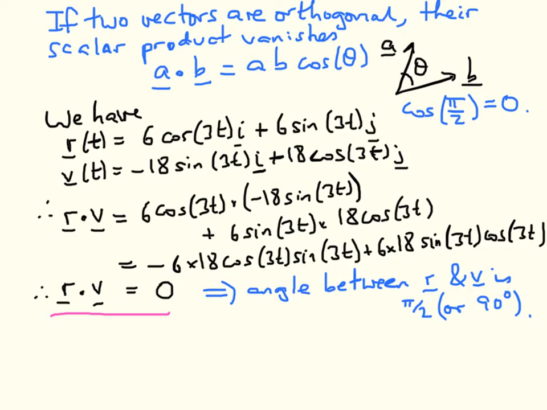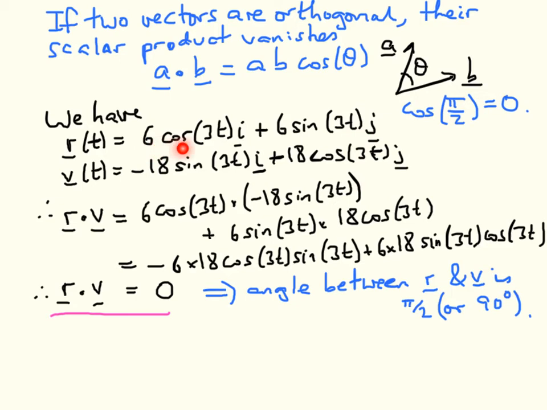So let's see what happens here. This is the position vector. This is the velocity vector that we just calculated on the previous slide. And if we take their scalar product, that can be done by multiplying this coefficient by this coefficient and adding to it this coefficient multiplied by this coefficient.